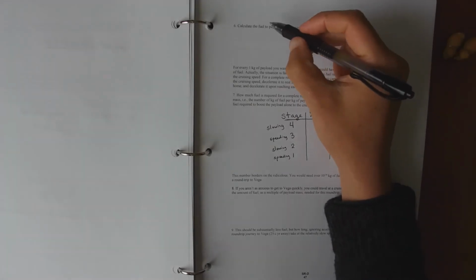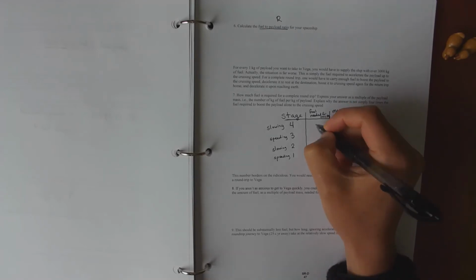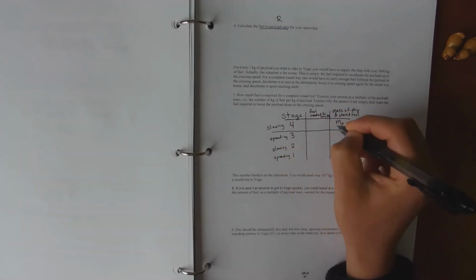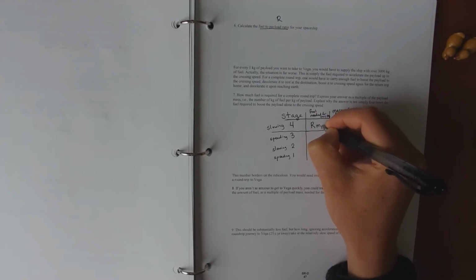And then back in step 6, we calculated the fuel to payload ratio, which I'm going to call R, but you should have a number for that from step 6. And so the fuel needed for this stage would be that ratio times however much mass you're trying to accelerate or decelerate.